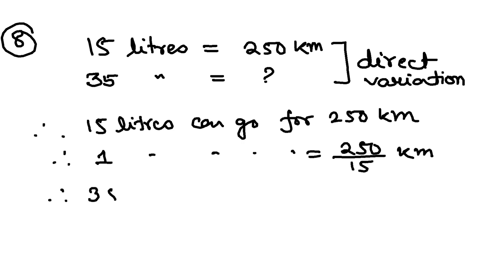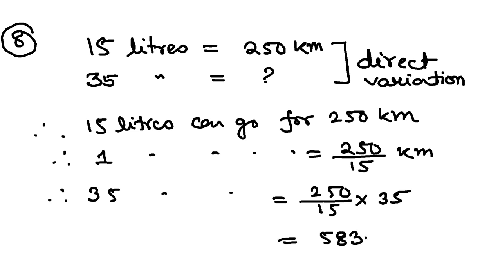Therefore, 35 liters can go for 250 by 15 into 35. If I calculate this, my final answer will be 583.33 kilometers. If the answer is a fraction, then you have to divide. I think you can do that.